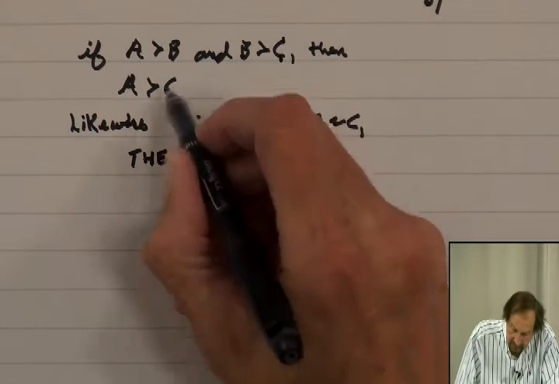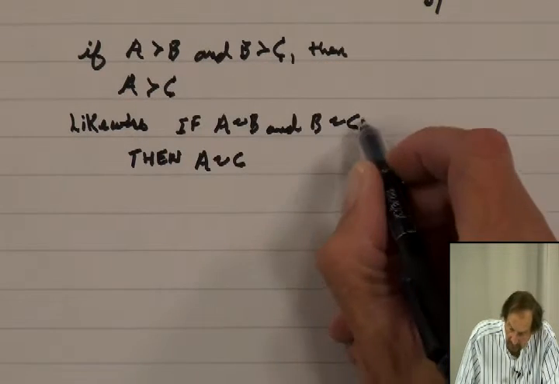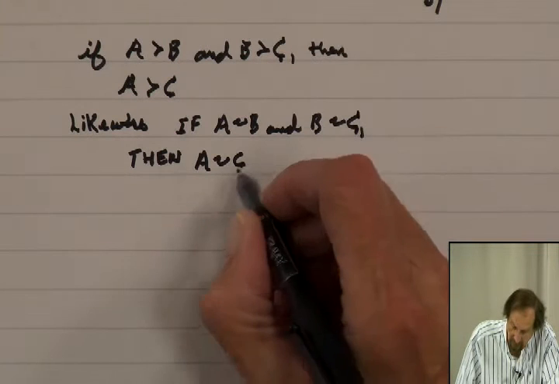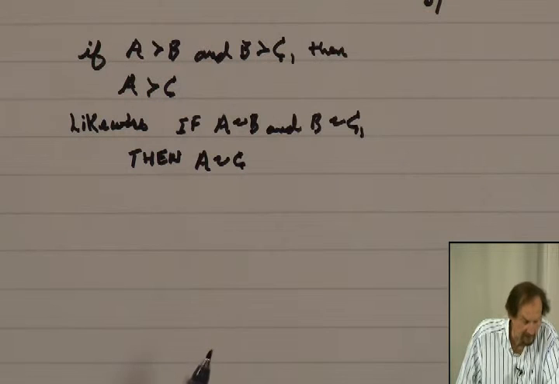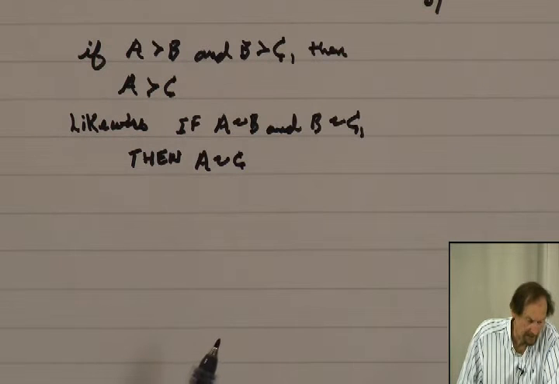Okay, so that's transitivity. Everybody has to have this axiom that you're complete and transitive.